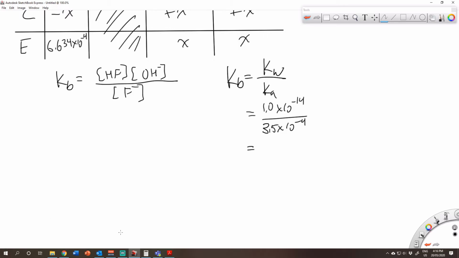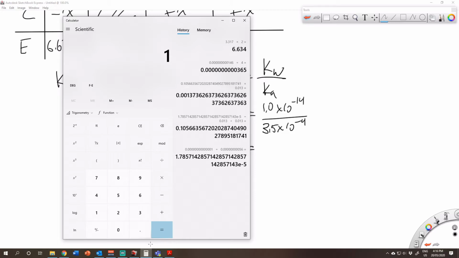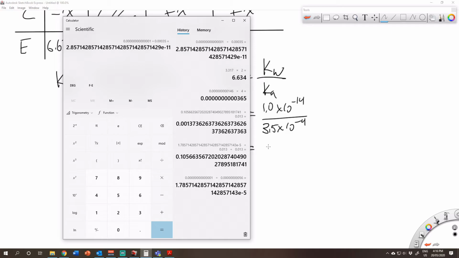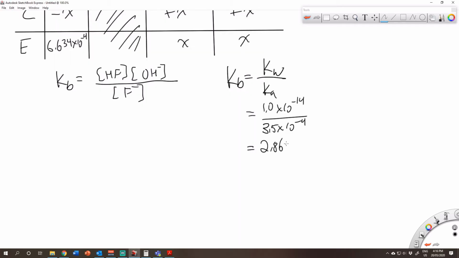Now we do that in our calculator. So 1 times 10 to the negative 14 divided by 3.5 times 10 to the negative 4. And we get a Kb of 2.86 times 10 to the negative 11.